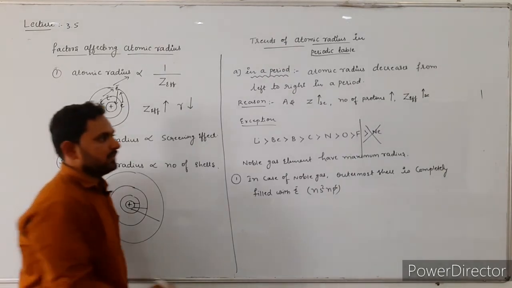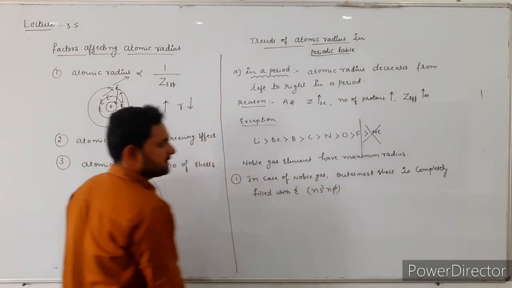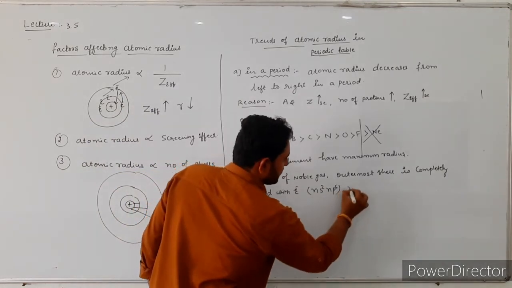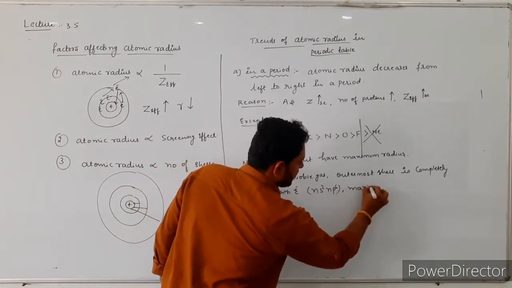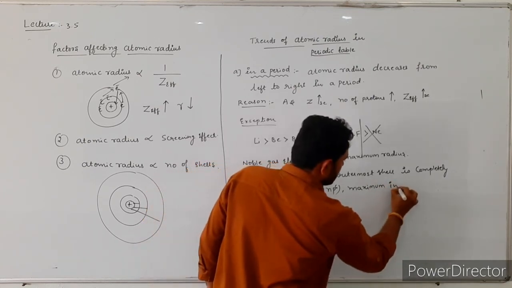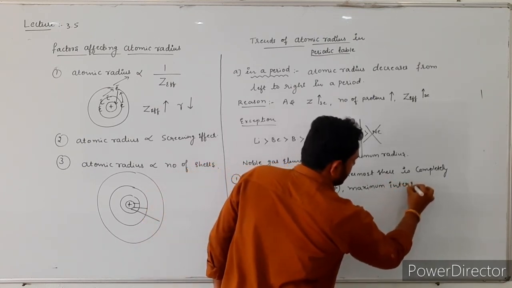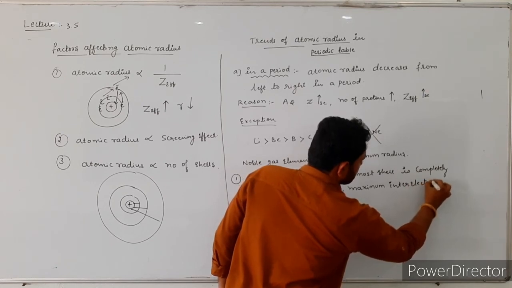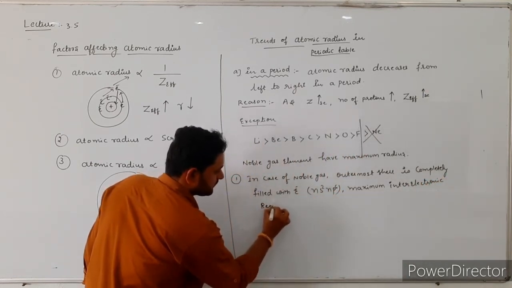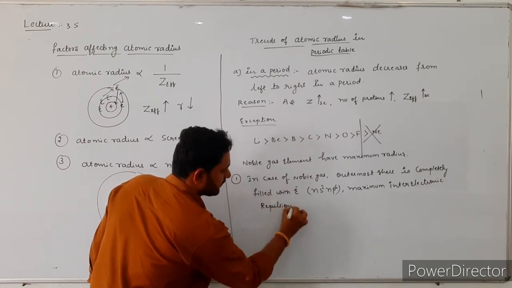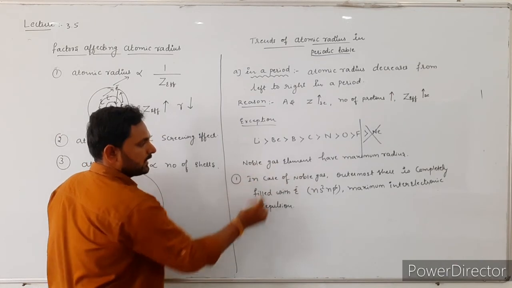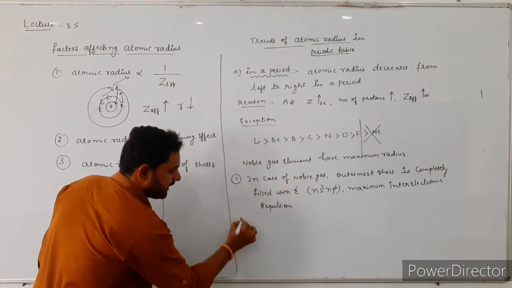That's why the noble gas element has maximum radius, because of maximum interelectronic repulsion. This is one of the reasons why noble gas element has maximum radius.